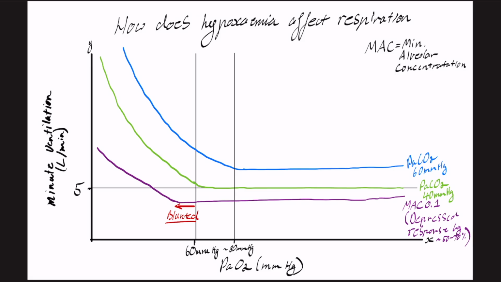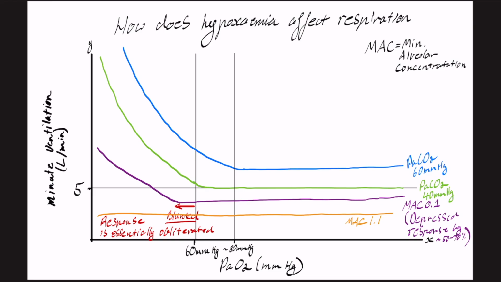So if we go to a MAC of 1.1, it almost completely obliterates your response to hypoxemia and hypercapnia. As you can see, the line here is almost completely flat. This is important clinically because when someone is being extubated and then put into recovery post their anaesthetic, they may still have some anaesthetic lingering around.